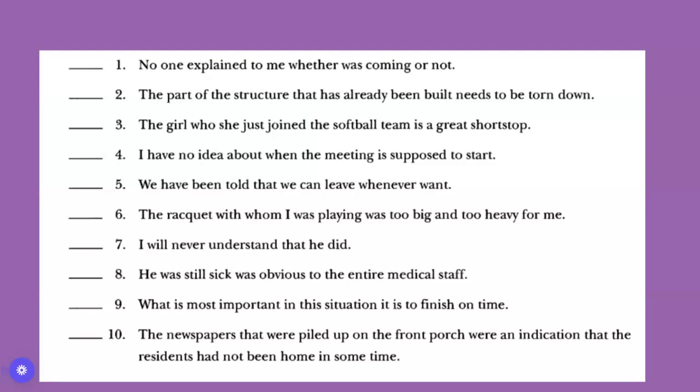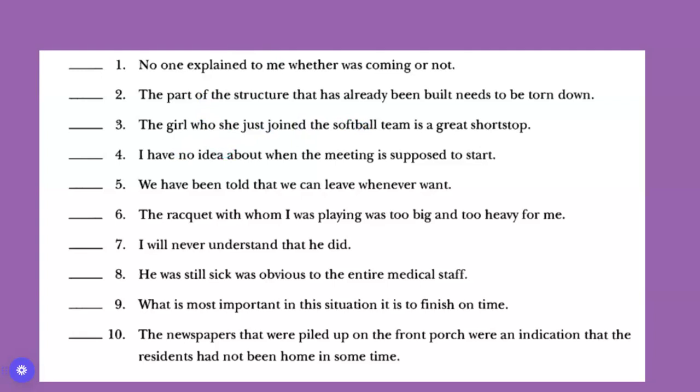Number 3. The girl who she just joined the softball team is a great shortstop. I think it's complete too.